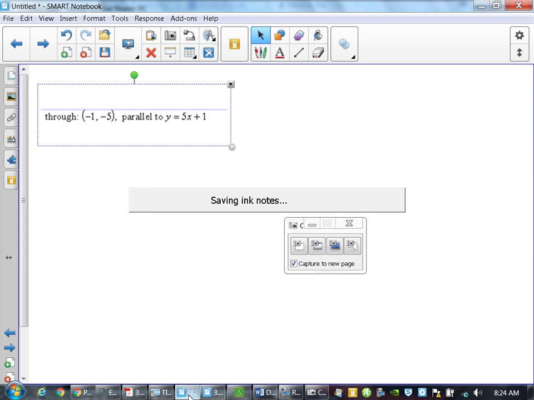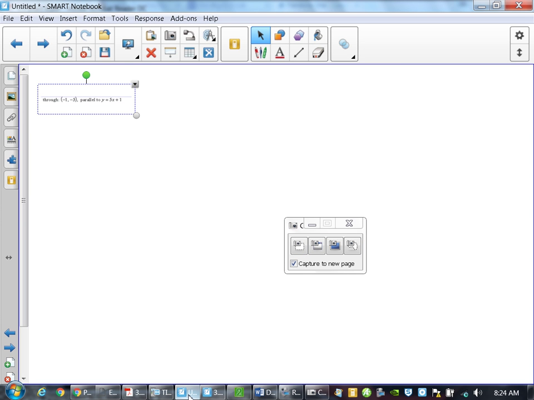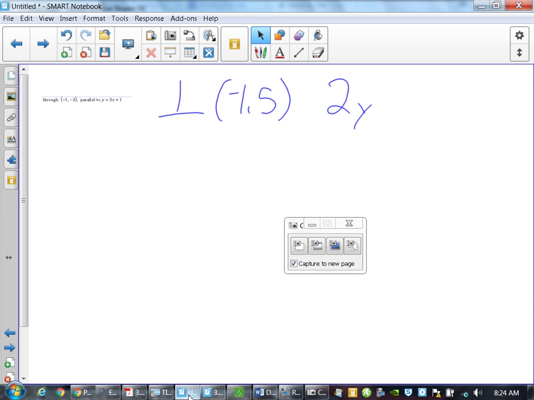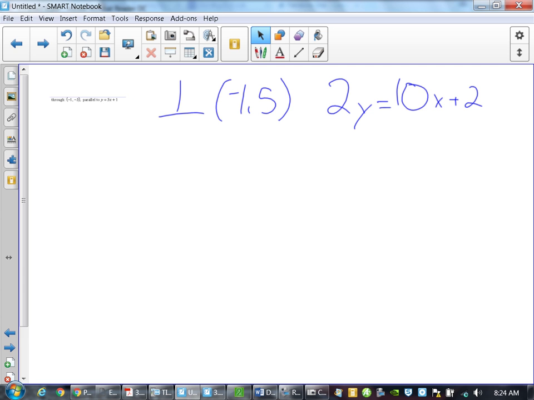For example, let's go perpendicular through -1 and 5. Let's write an equation of the line that's perpendicular through the point (-1, 5), through the line 2y equals 10x plus 2.